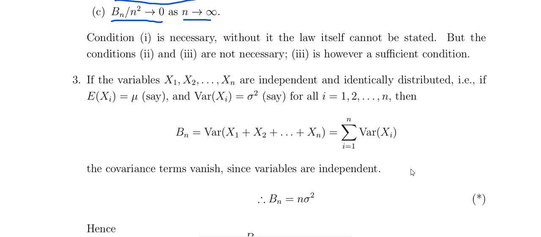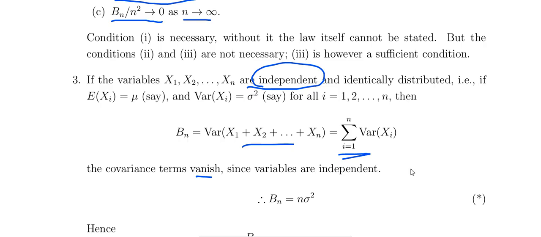The covariance terms vanish here. Why? Because these are independent, so the covariance of x1 and x2 is 0, the covariance of x2 and x3 is 0, so we can just write the summation of the variance of xi. If they were not independent, we could not write it this way. So the variables are independent, therefore the covariance terms vanish.